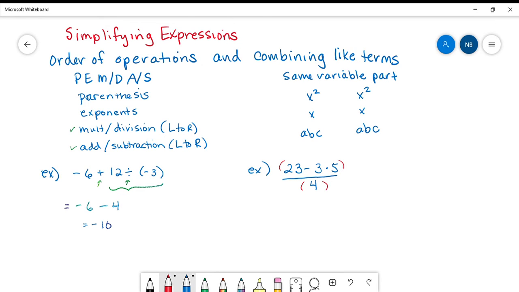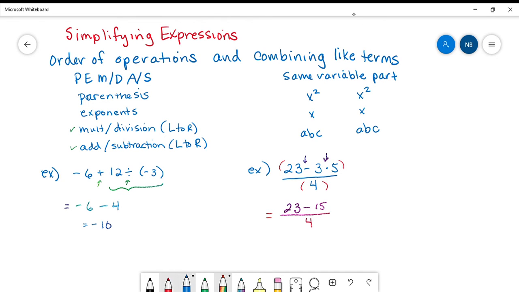So we're going to work on the numerator first. In the numerator, I have a subtraction. I also have a multiplication. Well, according to order of operations, I'm supposed to do the multiplication first. -3 times 5 is -15. This is all over 4.